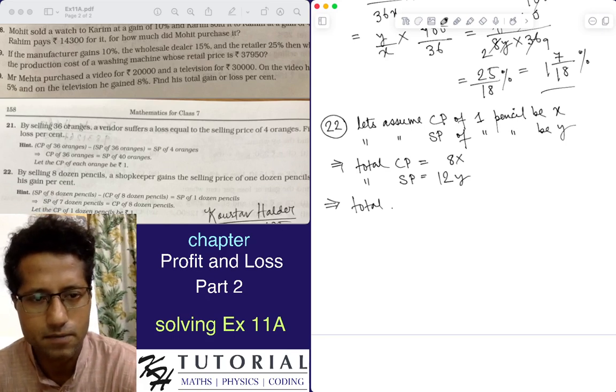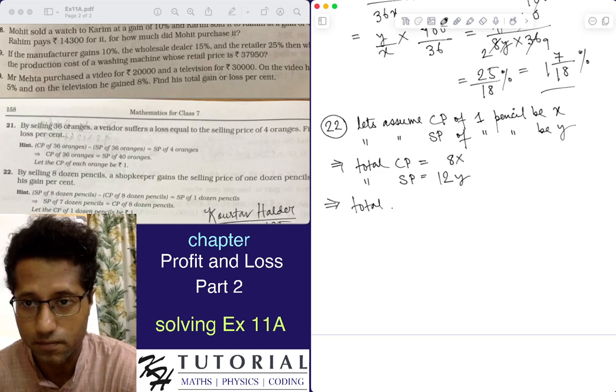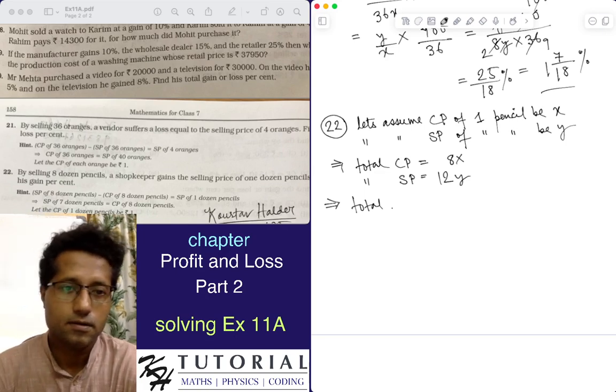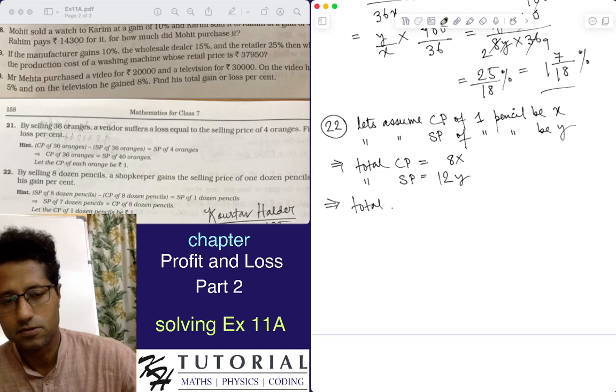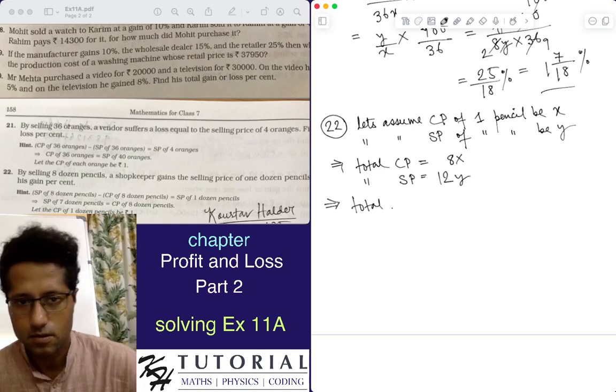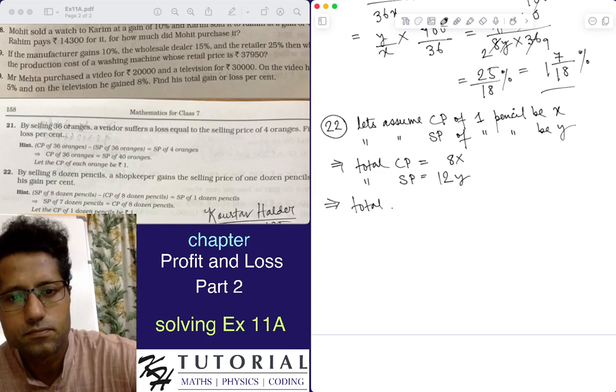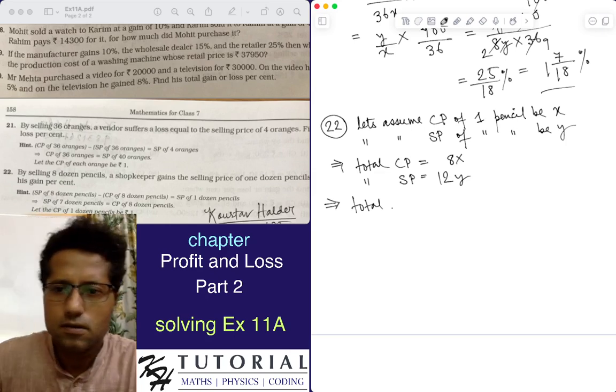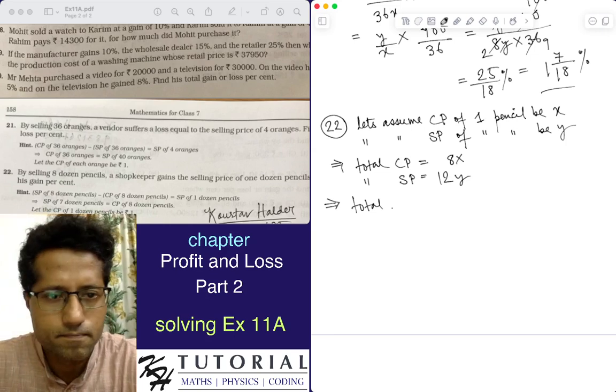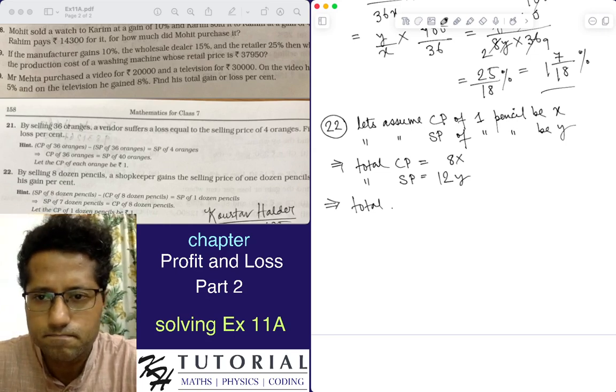We may not consider that 8 dozen means 12 into 8, 96 pencils, because I think, let's say, 8 dozen pencils.